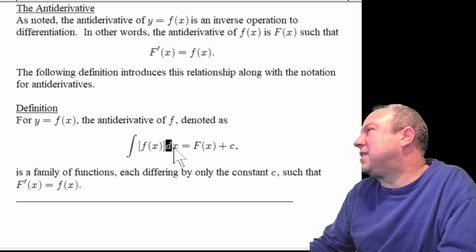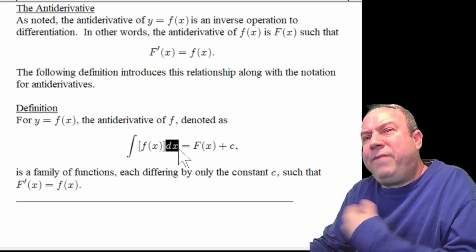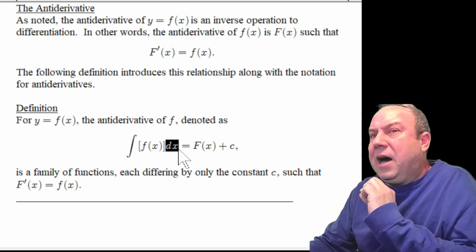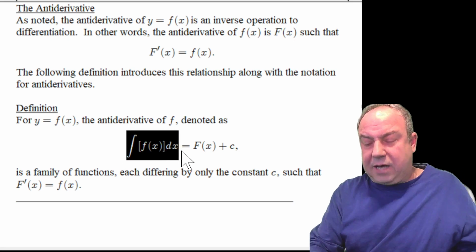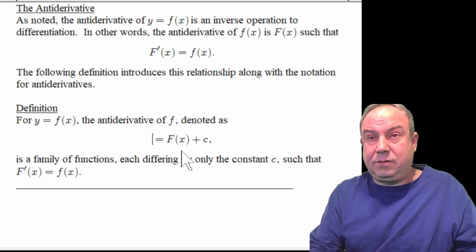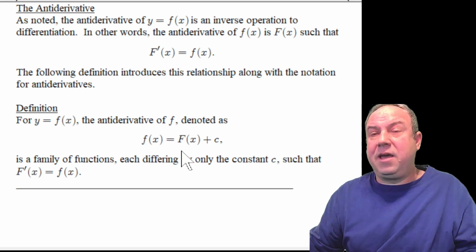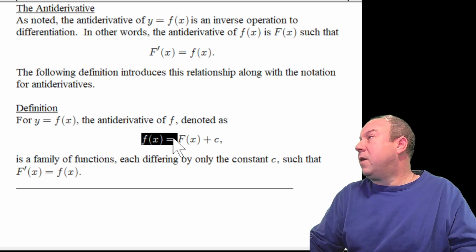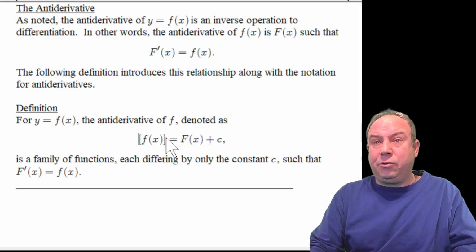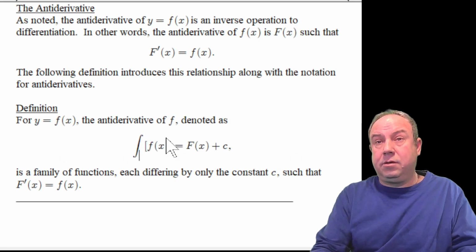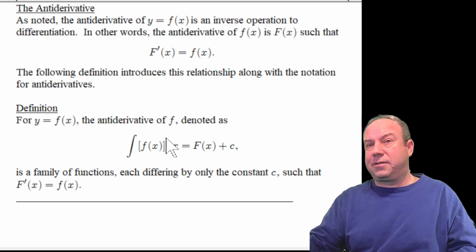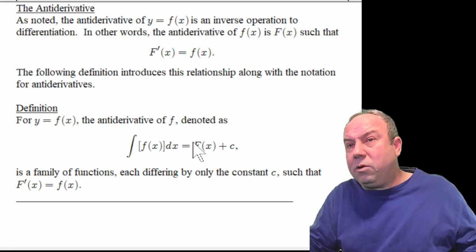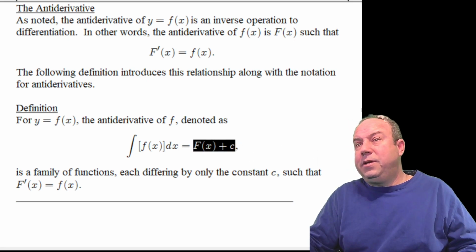This dx is highlighting here at the end the variable of interest in our integration. And what we're doing is taking function f of x and applying to it that integral operator with respect to x. And what it equals is this result here.